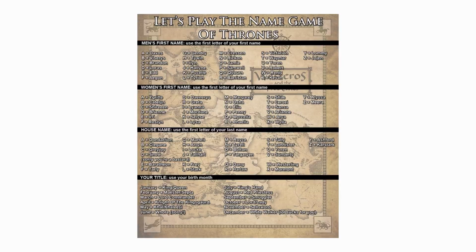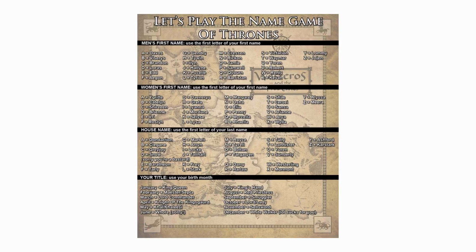And so in case you've been living under a rock and you don't know how these things work, it's very simple. So let's say, for example, my name is Zaxary. The first letter of my first name is Z, and the first letter of the last name is S, right? So what does that mean? Based on this chart, I can map my first name onto the men's first name section. And basically my name in Game of Thrones is going to be Jojen, right?